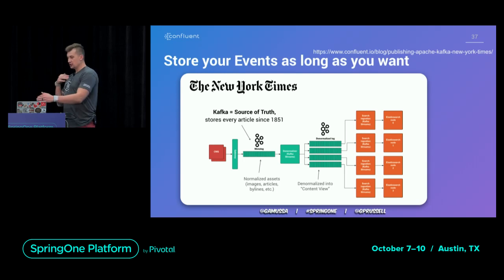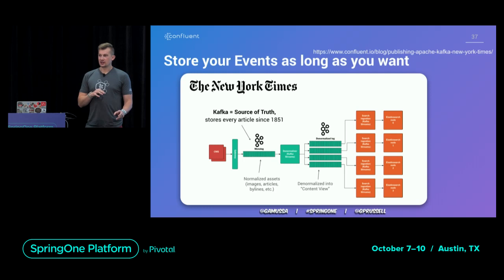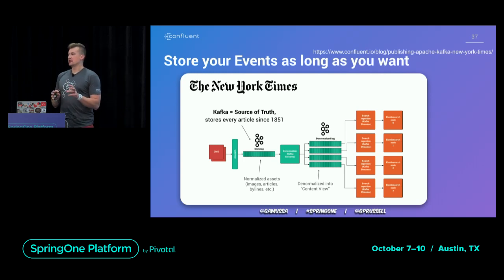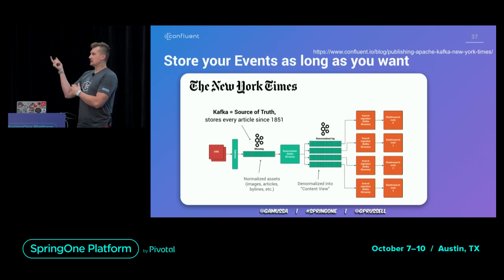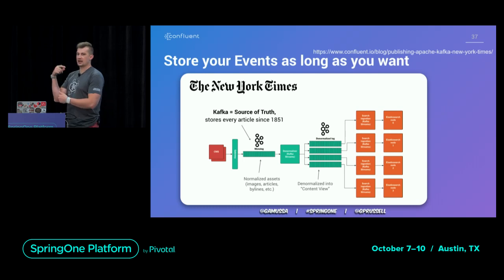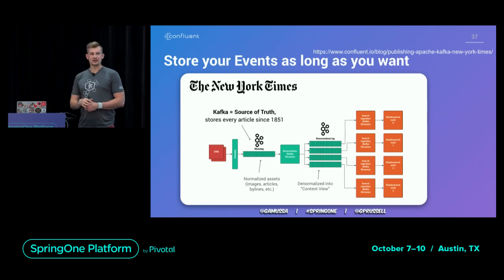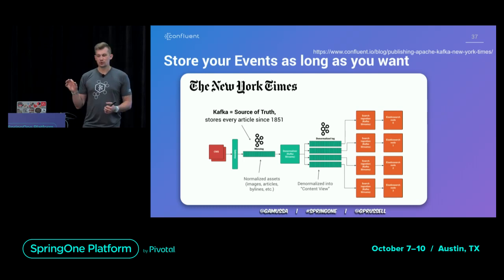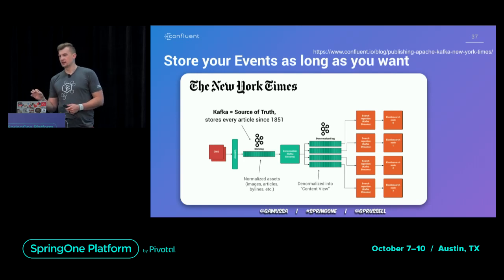And we're also going to show this concept of the compacting topic that allows us to use Kafka as a state store. This is the blog post that the New York Times published where they talk about how they use Kafka to store the best of the journalism starting from 1851.